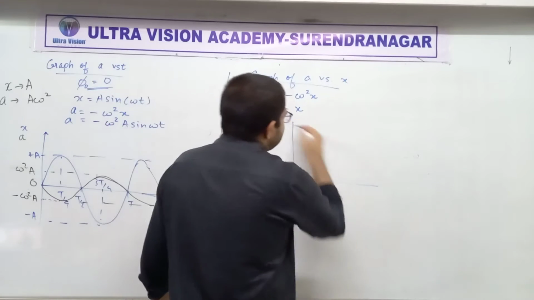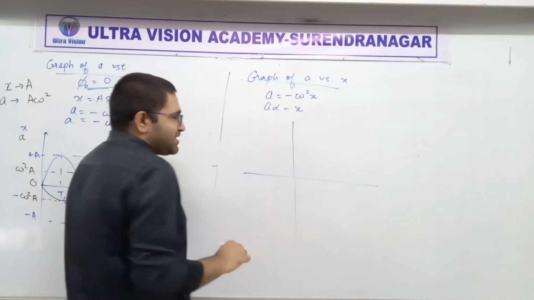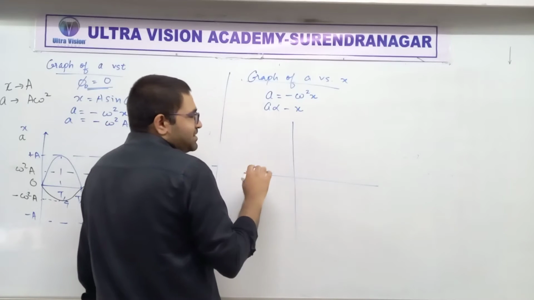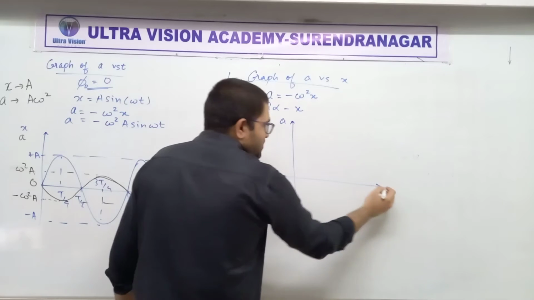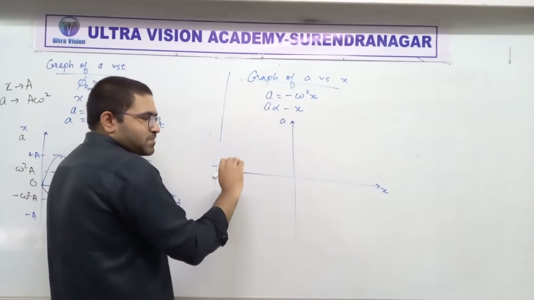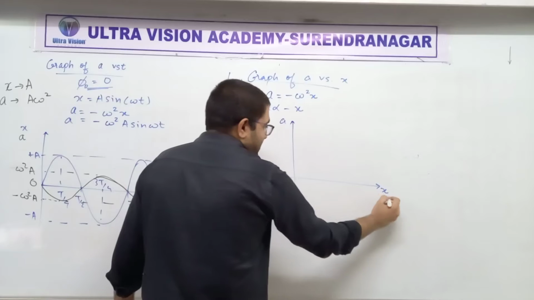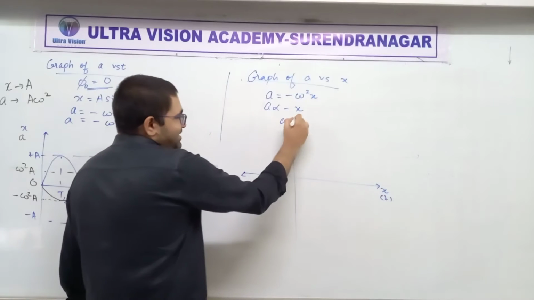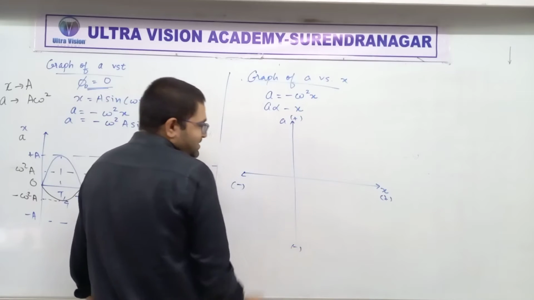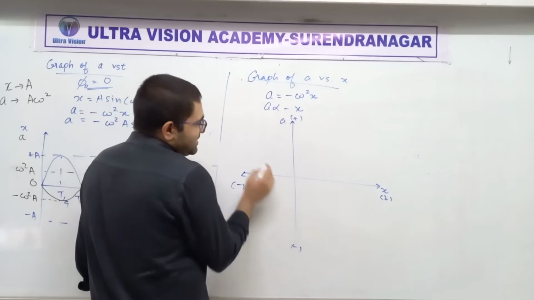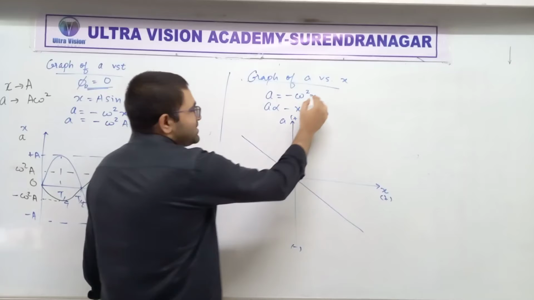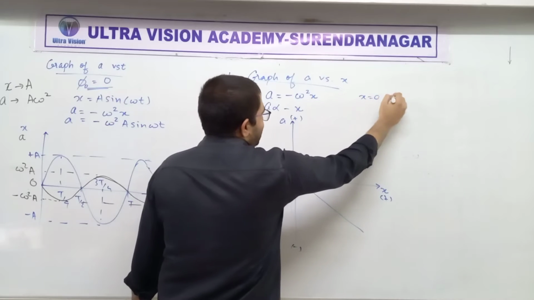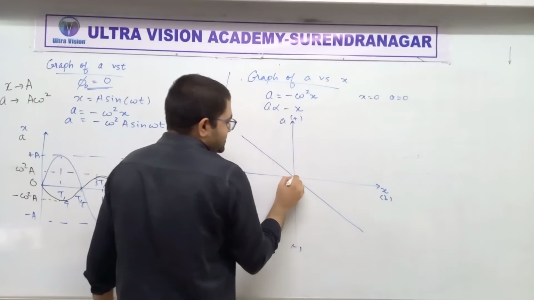That's why this is a linear equation, and the graph will be a straight line. But if x is positive, then a will be negative. I hope you realize what I'm saying. When x is positive, a will be negative. So the graph will be a straight line like this. Why so? If you put x equal to 0, a is also 0. So it passes through the origin.